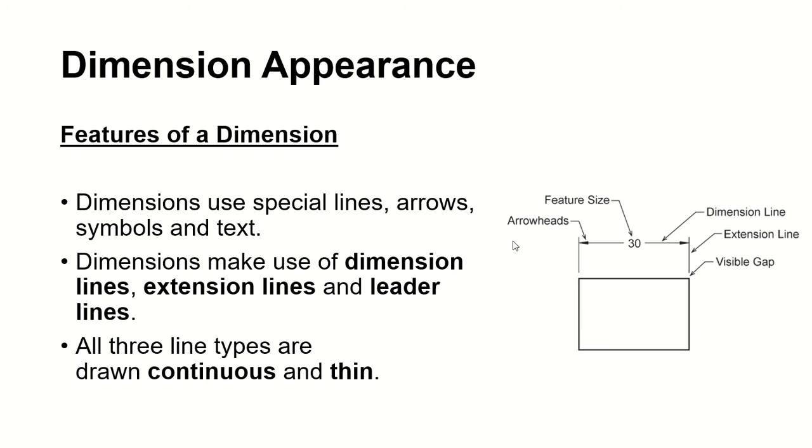In dimensioning, we use special lines, arrows, symbols, and text. We have arrows and lines right there. These lines show from where to where the dimension is. We also have arrows to clearly define that the measurement is from here to there, and then of course we have text.